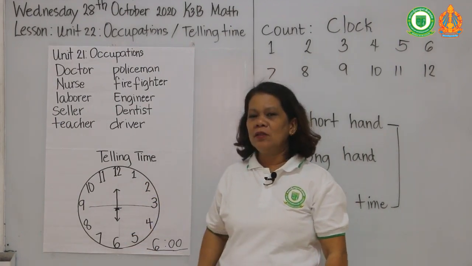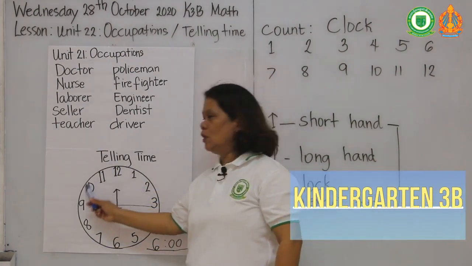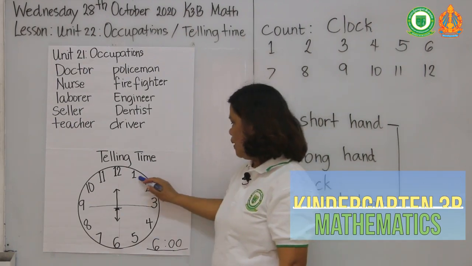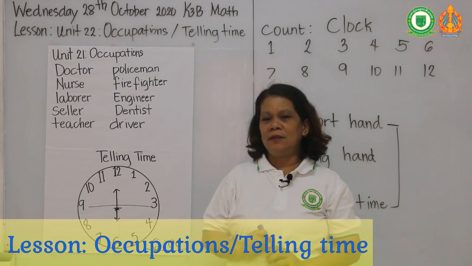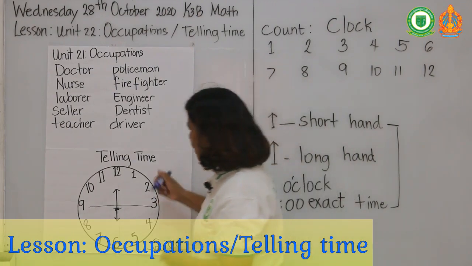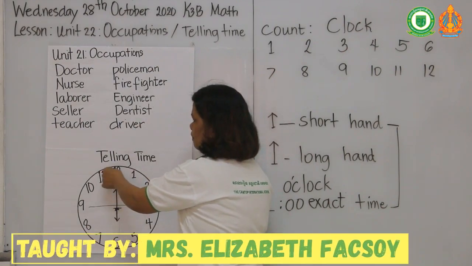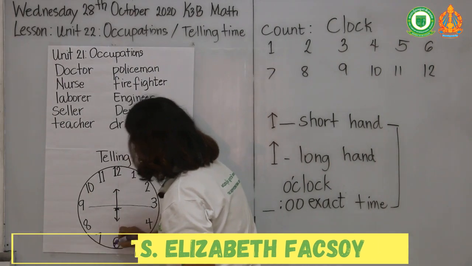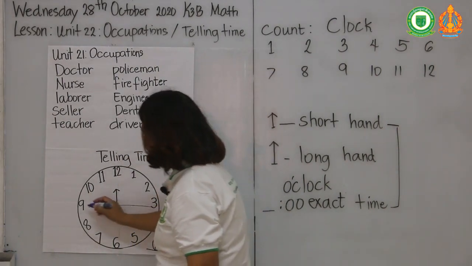Draw a big circle in your notebook, and write 1 until 12. First, write number 12 at the top, in the middle. You write number 12 opposite number 6. Then you write number 3 opposite number 9.